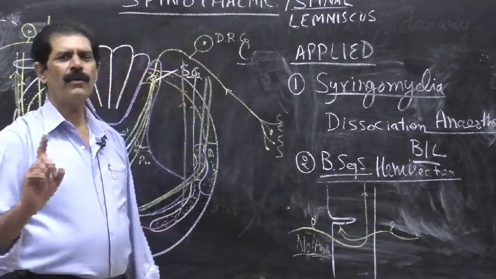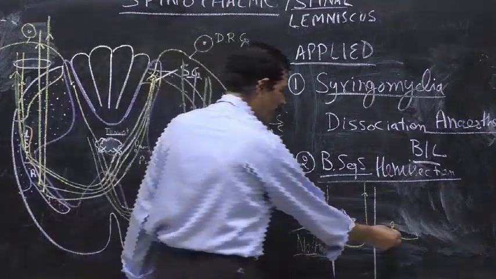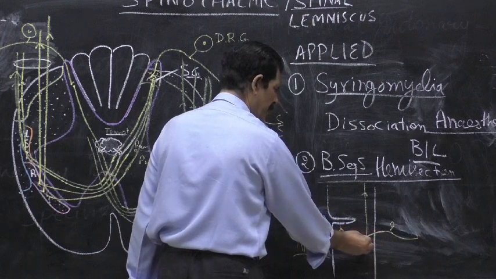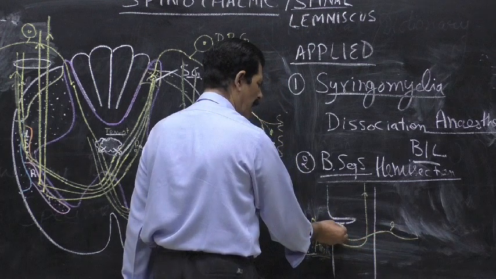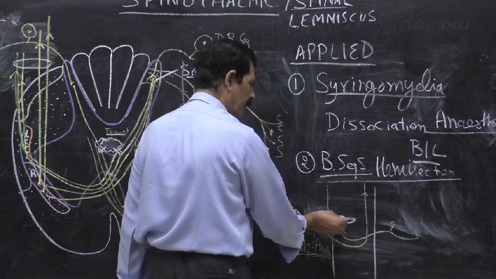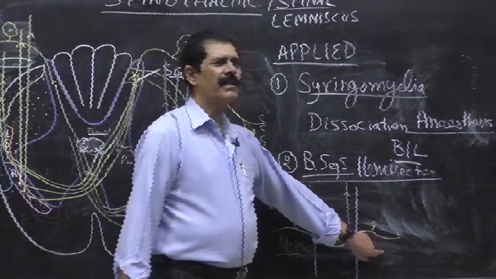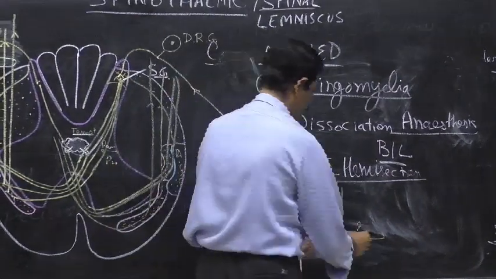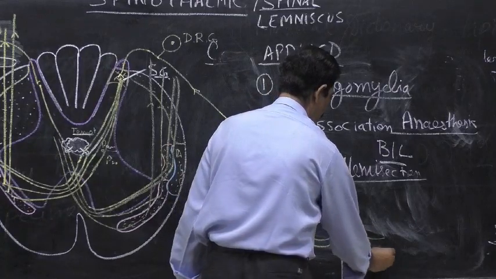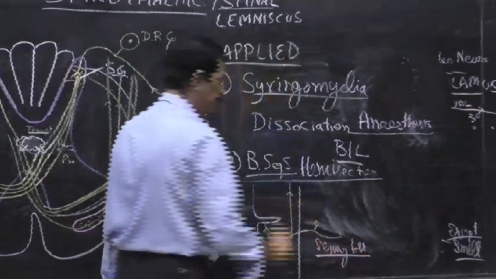So the patient has no loss on the same side, but on the opposite side, because the pain, temperature, pressure and touch fibers have to cross the central canal and then ascend upward, but they are now cut here. So on the opposite side of the lesion, there is a sensory loss.